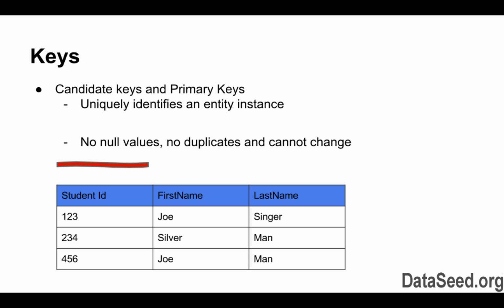But if we combine the two elements, first name and last name, together they pass all the criteria of being a candidate key, because then the first name and last name become unique. They're not having any null values and they cannot change. So the combination of the two elements can be a candidate key.